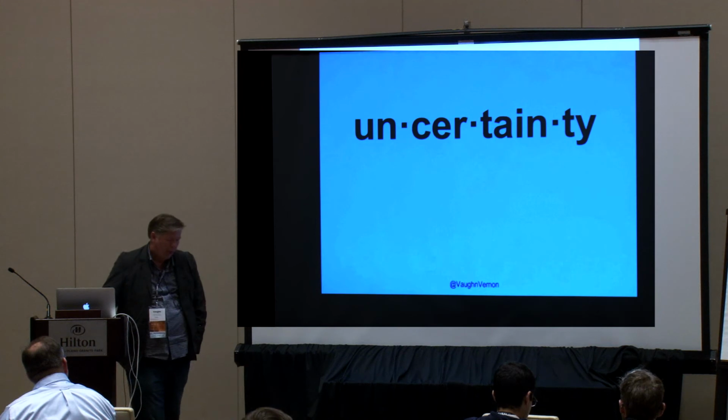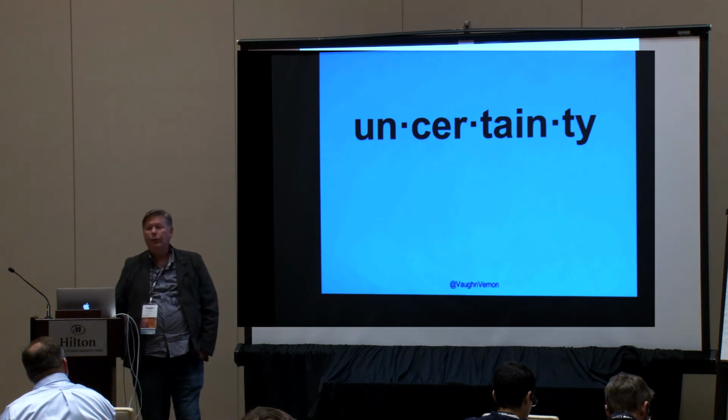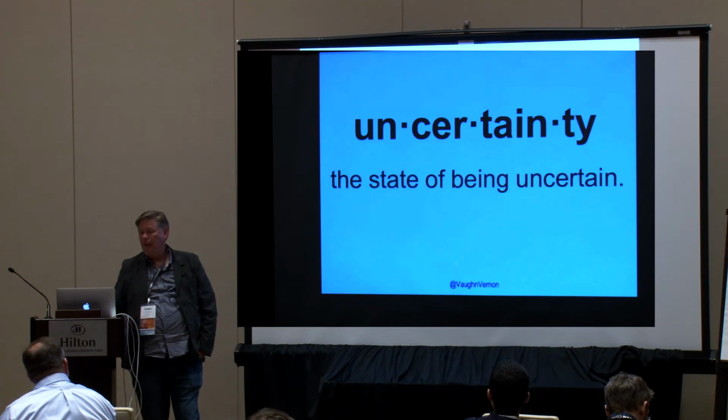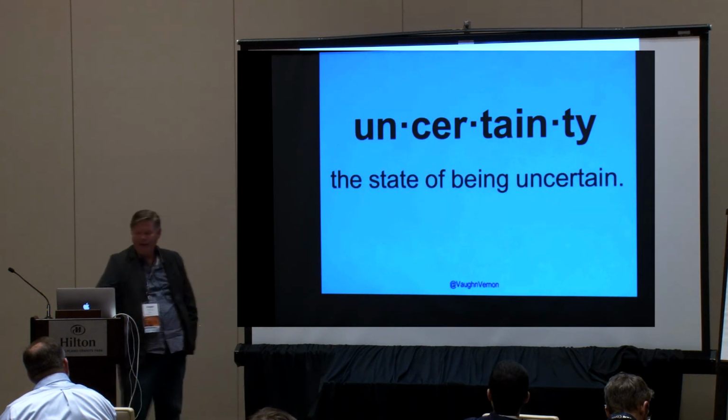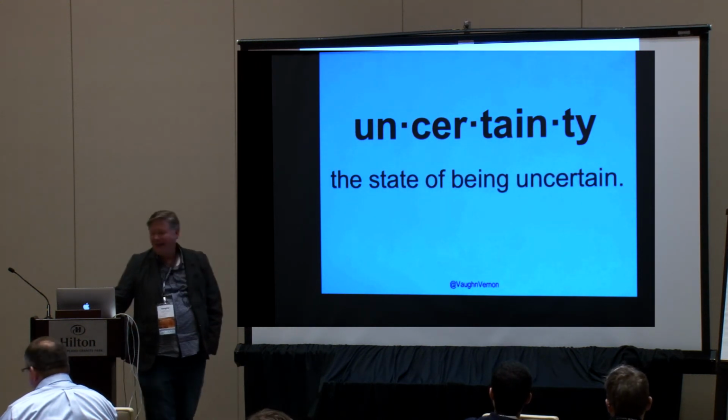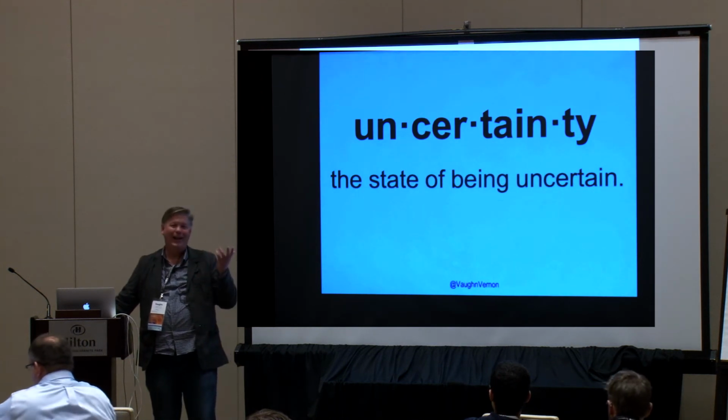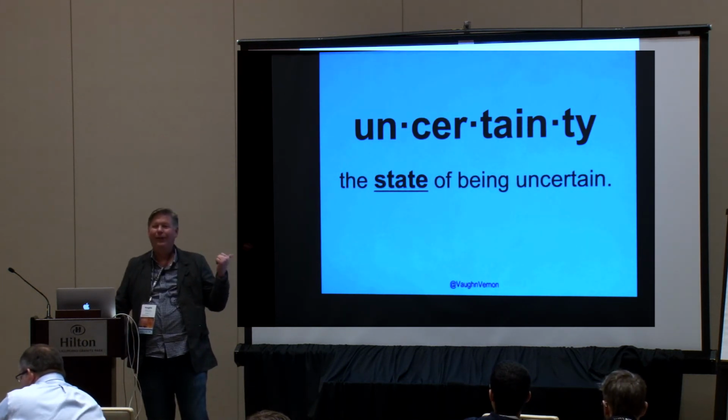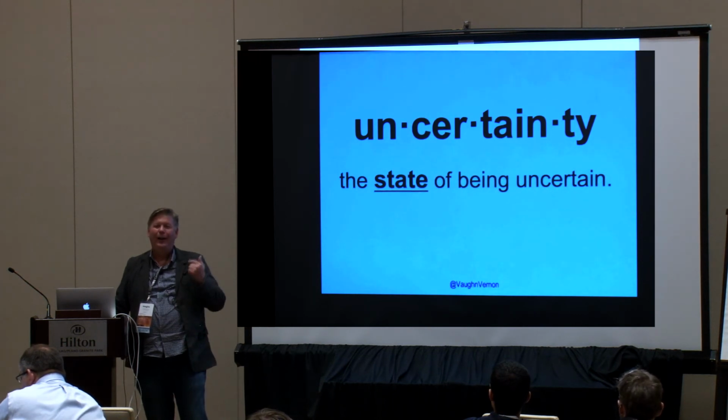Okay, uncertainty. I found this really cool definition for uncertainty in the dictionary. It's the state of being uncertain. I know this is a popular slide, but you know what it is? It's a state, right? Uncertainty is a state.